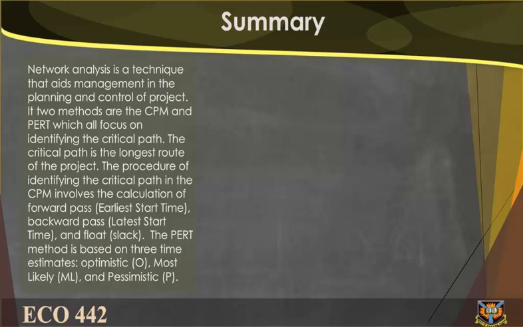The procedure of identifying the critical path in the CPM involves the calculation of forward pass, early start time, backward pass, later start time, and float slack. The PERT method is based on 3 time estimates: optimistic O, most likely ML, and pessimistic P.